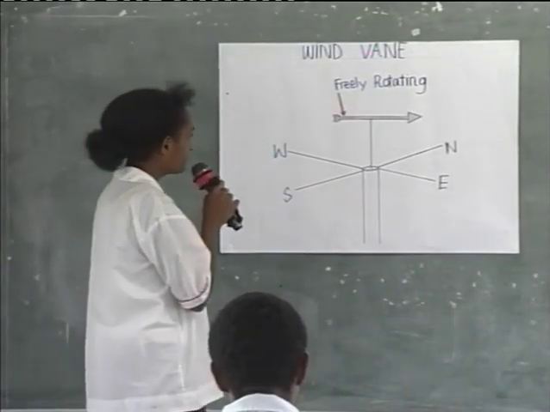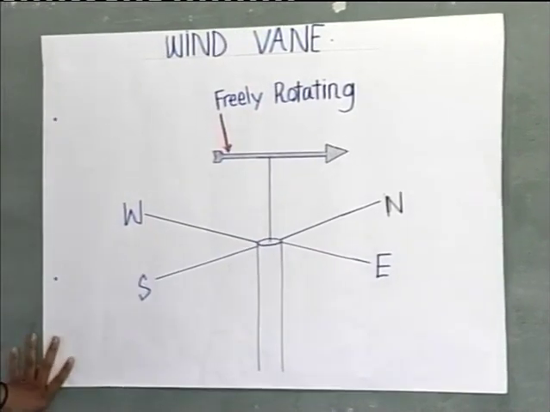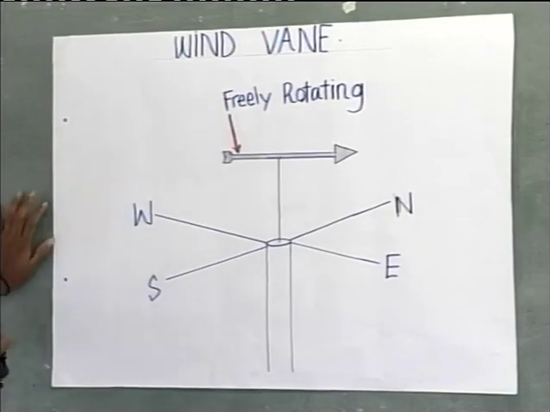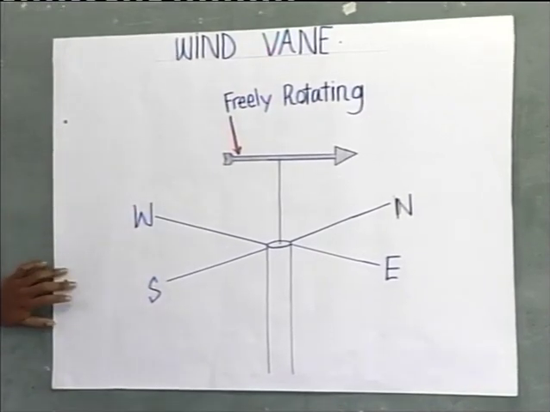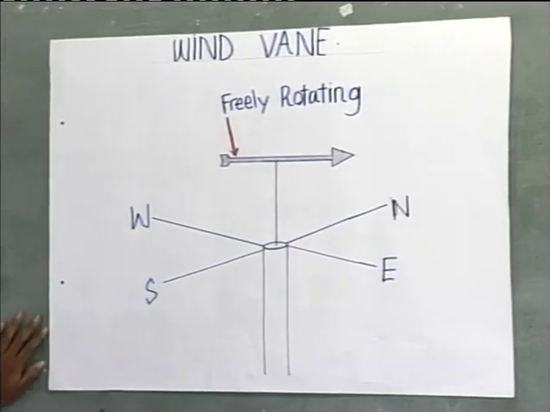Okay, the diagram here shows how a wind vane looks. This is the arrow that's freely rotating, and the four main compass points.